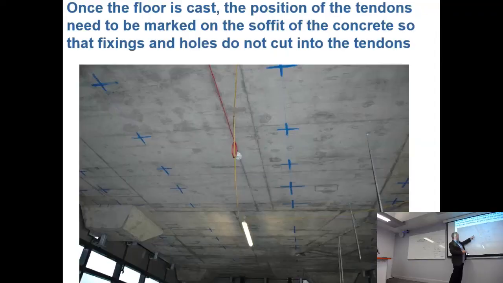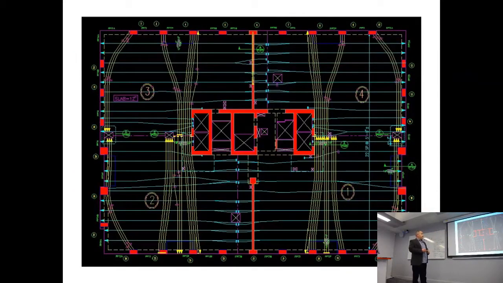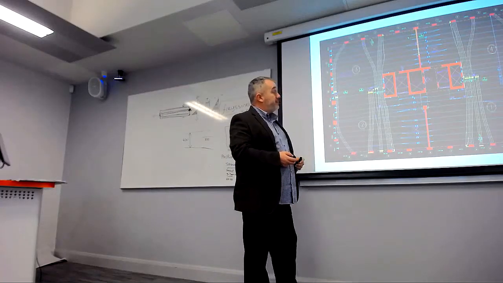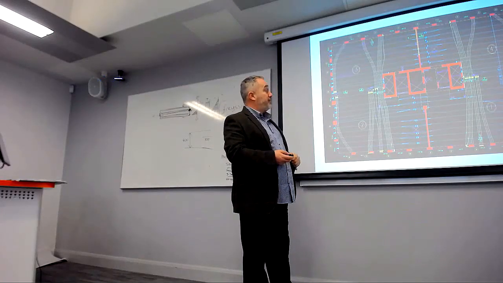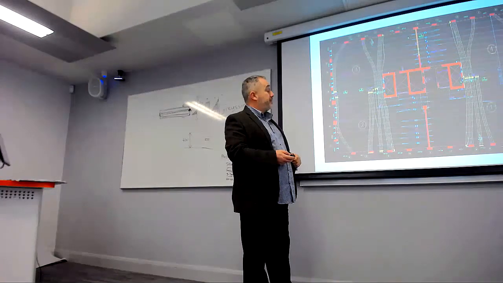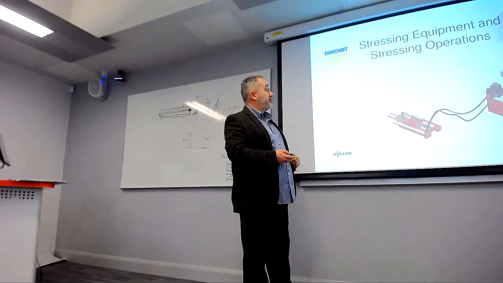You can cut there, but this is where the actual bars are. This is where they've done an X-ray of the floor to identify where the tensioned bars are before they do some work, like for a condition survey.